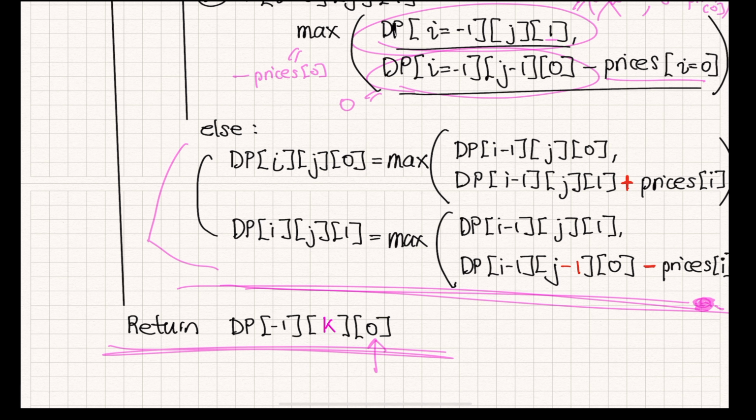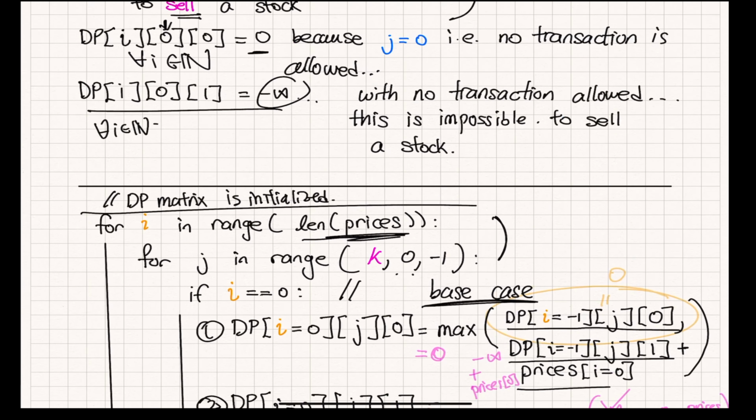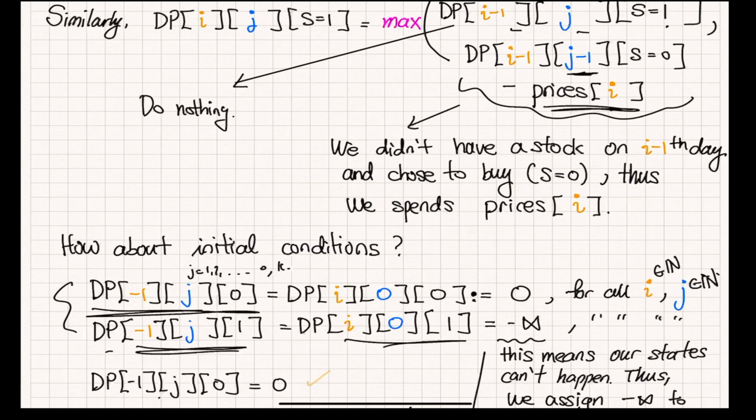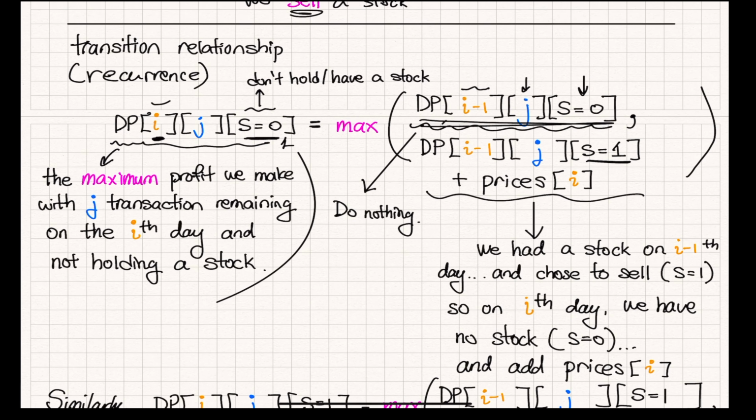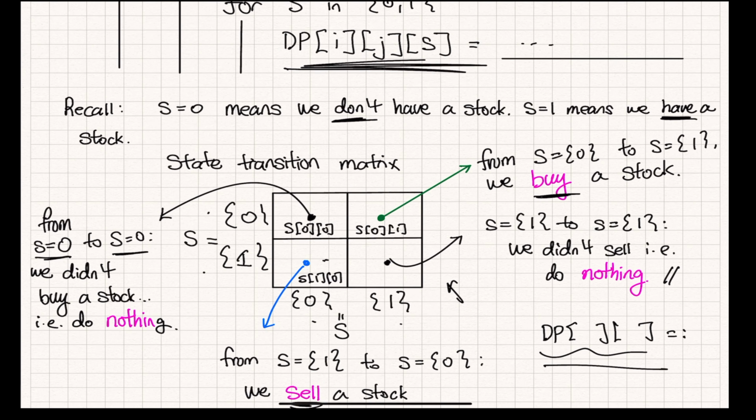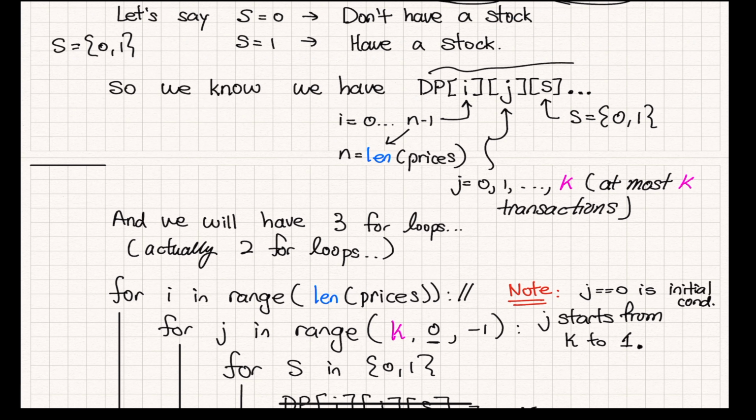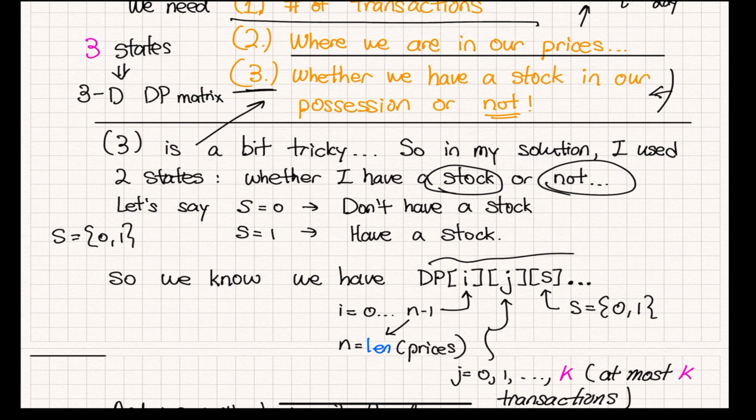Notice that we use 0, not 1. Why is that? That's because this is always bigger than this guy. So 1 means what? So 1 means we have a stock, right? So s equals 1 means we have a stock, and s equals 0 means we don't have a stock.